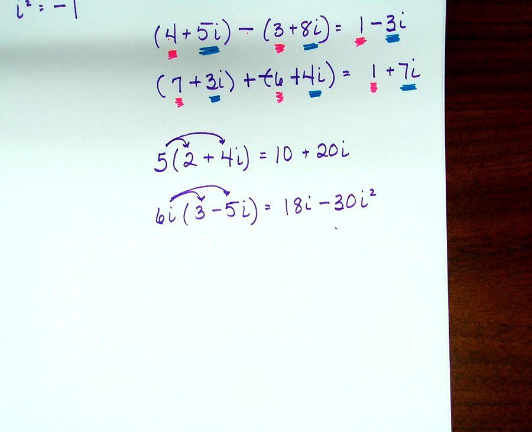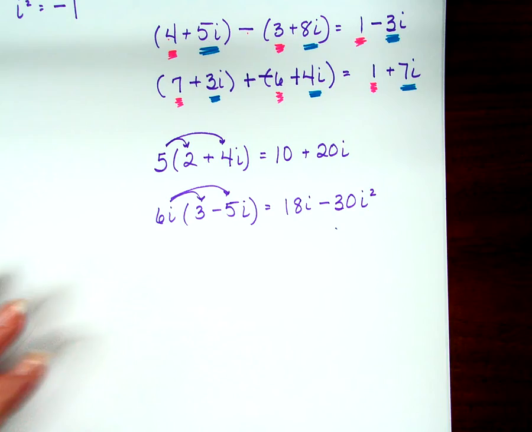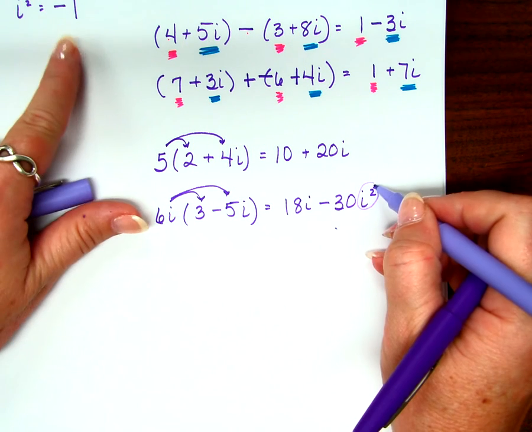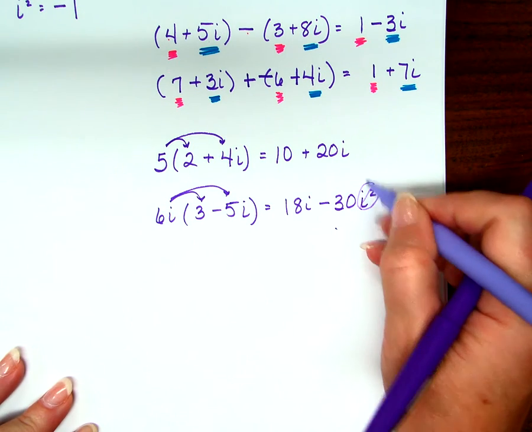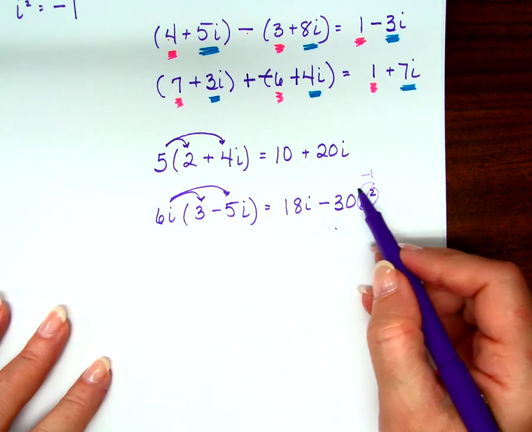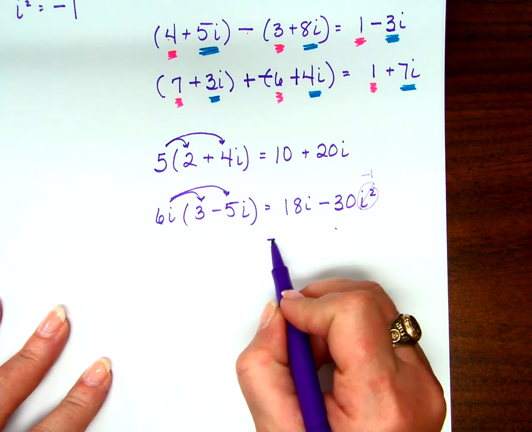This time are we done? Why are we not done? Because i squared equals what? -1. So this becomes positive 30, right? So what's my answer?